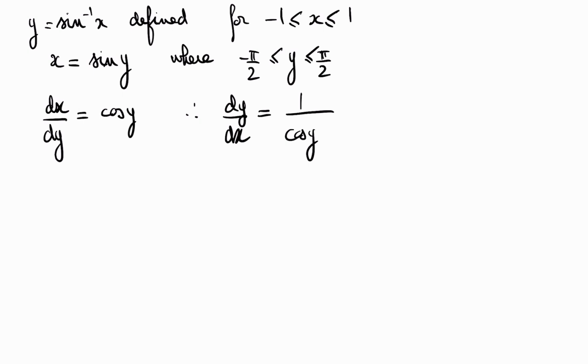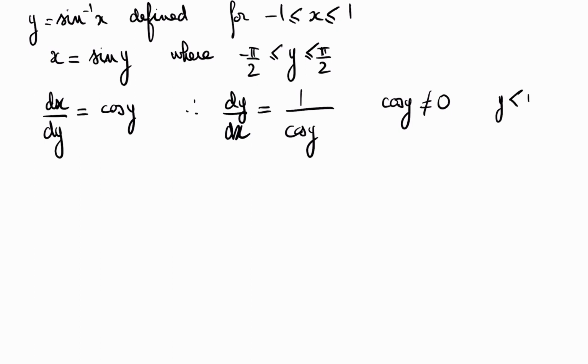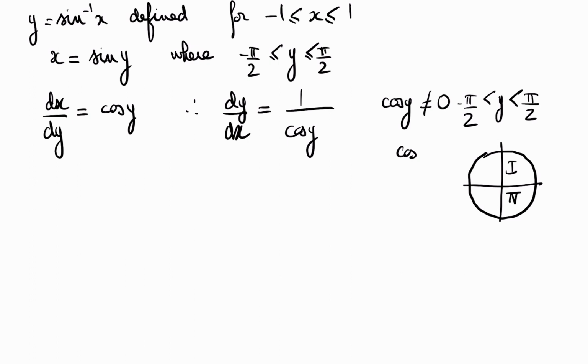And here we must have cosine y different from 0. And so y is strictly between minus pi on 2 and pi on 2. So that means that, if we look at the unit circle, we are either in the first quadrant or in the fourth quadrant, minus pi on 2 to plus pi on 2.